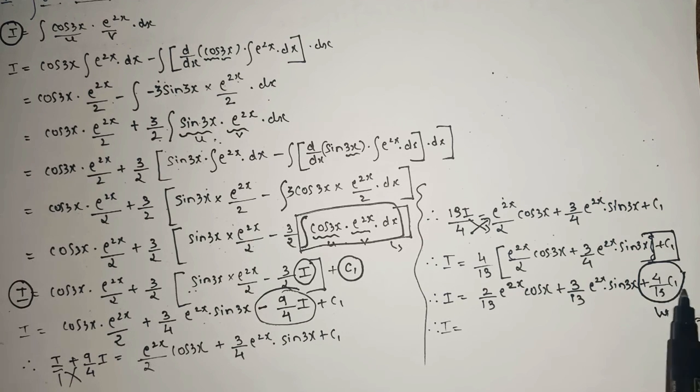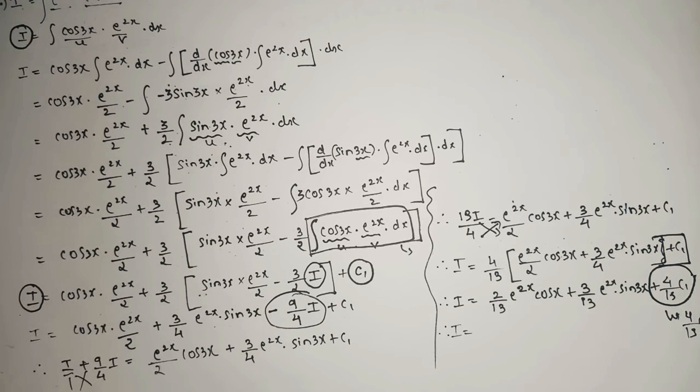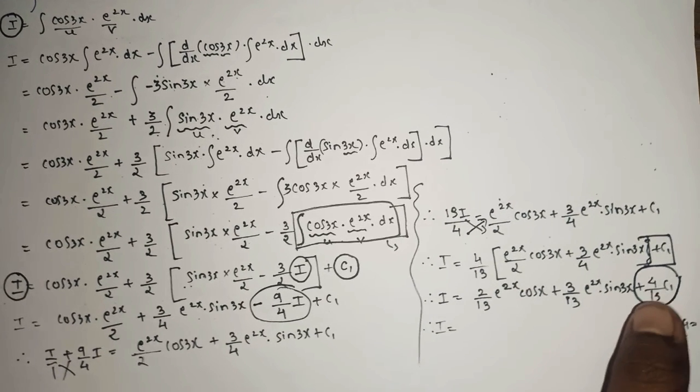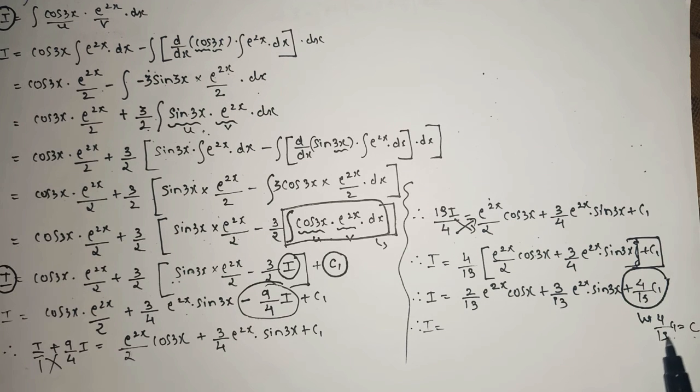Here don't write c directly, as we have to do a little adjustment with I. So here you write c1, then at the end, in the final step, you can write this 4 upon 13 c1 as c, because both are indefinite constants only. It doesn't matter whether it is 4 upon 13 c1, 4 c1, or 3 c1. So in place of this, we can directly write c.